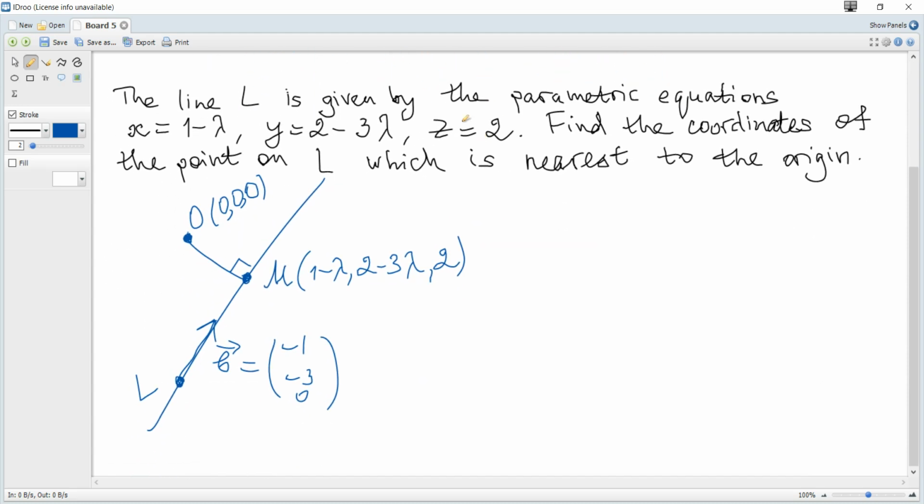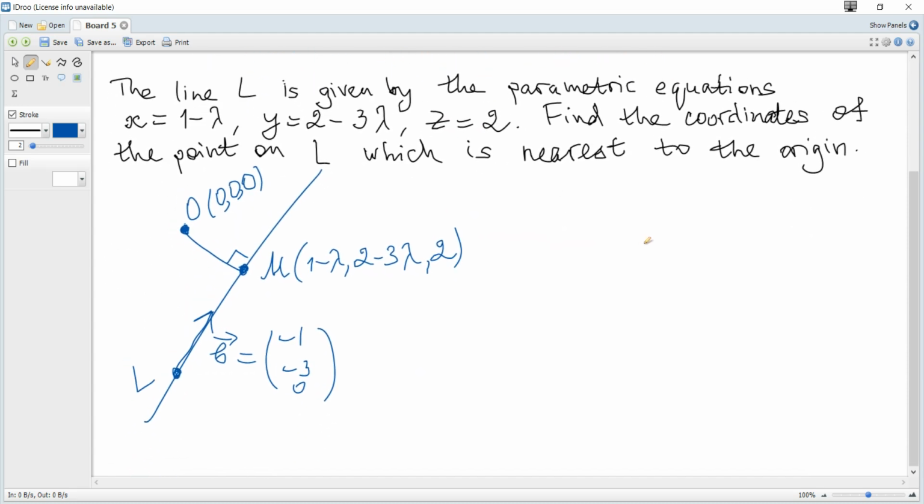And there are two possible ways to solve this problem. The first is to consider vector OM, and since OM is the closest distance, vector OM is perpendicular to the direction vector of this line. And if two vectors are perpendicular, their dot product is equal to 0. This dot product formula is given in the data booklet.